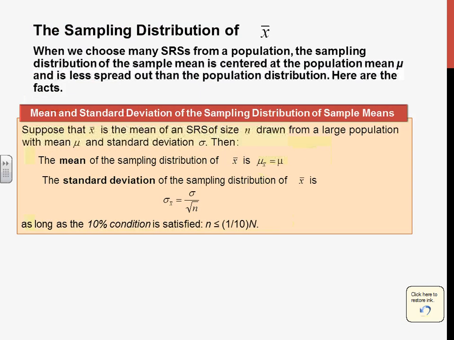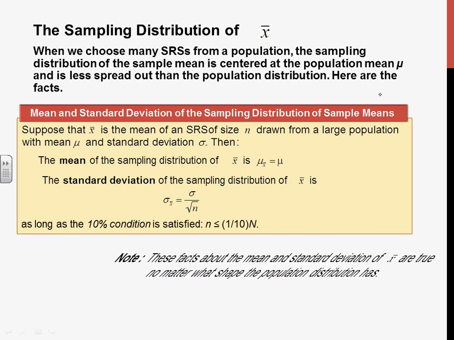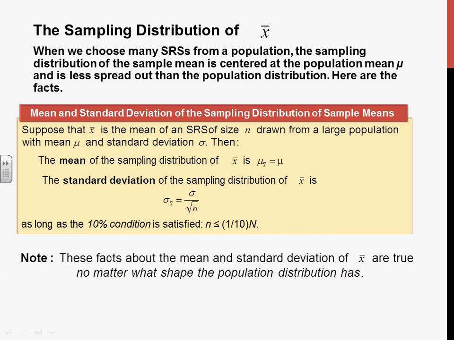This is what we just said again. The mean is just going to be the population mean, and the standard deviation of the sample mean will be the population standard deviation divided by the square root of n, as long as you can show independence. You can't use that standard deviation formula unless you show the independence.